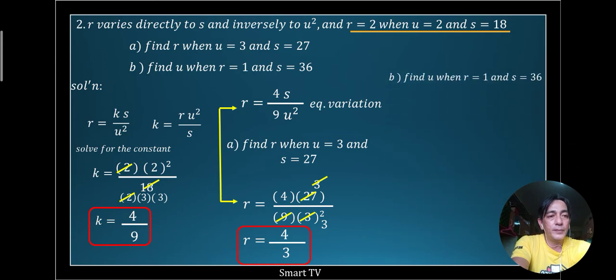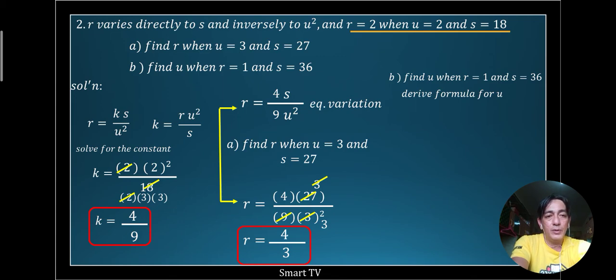Letter B. Find U when R is equal to 1 and S is equal to 36. So, U ang hinahanap, mag-derive tayo ng formula for U. Applying the theorem in proportion, we have 9RU squared is equal to 4S.